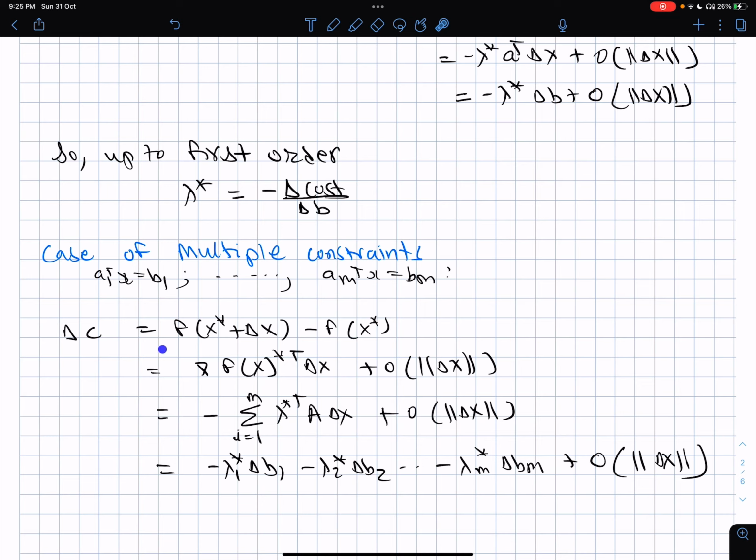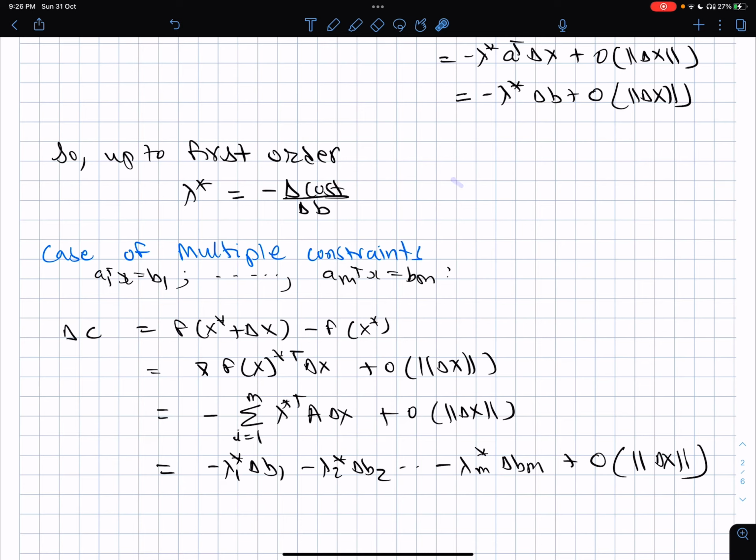Under such a situation, our question is again, what is the difference in the optimal cost due to this perturbation delta b? So again, taking recourse to the Taylor series expansion around x star and restricting to linearization, this will come out to be gradient of f at x star transpose delta x plus this first order approximation term.